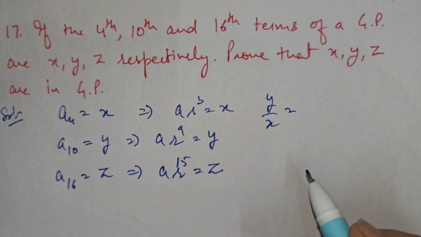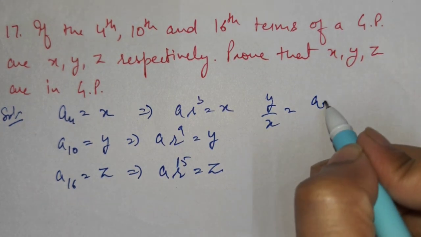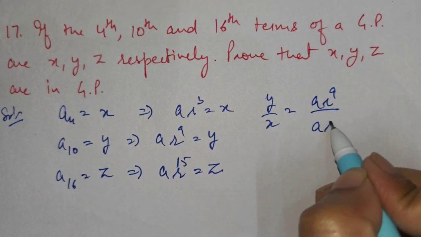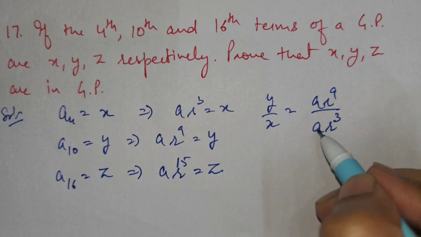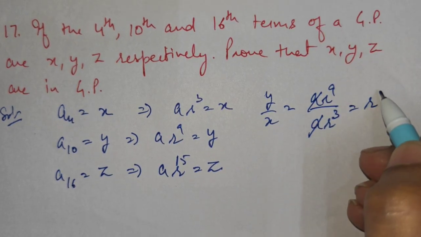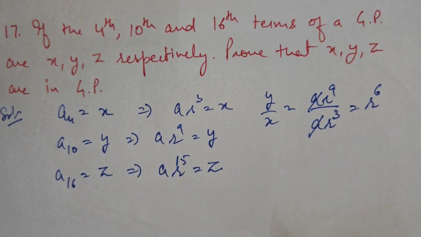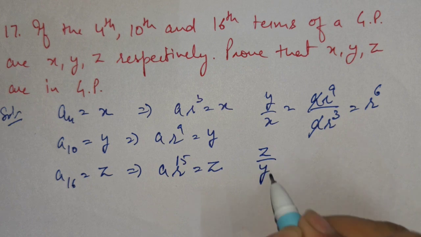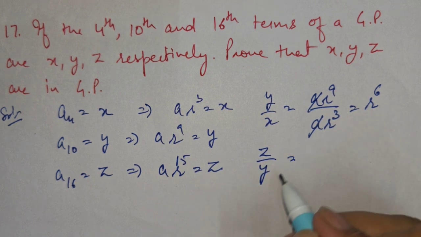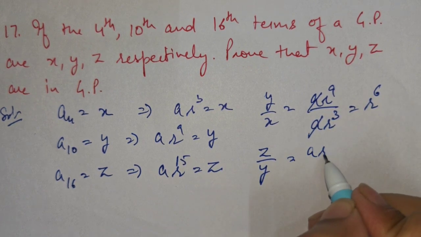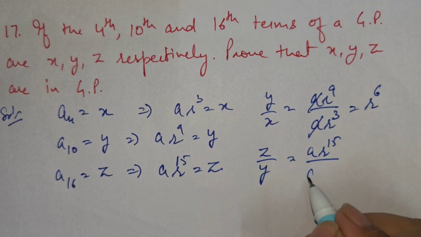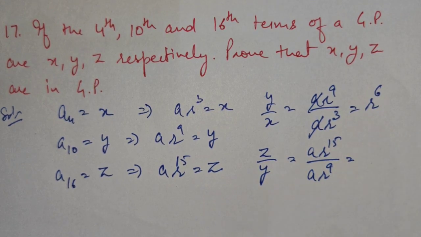Now y upon x is given by ar raised to power 9 upon ar cube. Here a cancels with a, and r to the power 6 remains. Next, if we calculate z upon y, the value will be ar raised to power 15 upon ar raised to power 9.